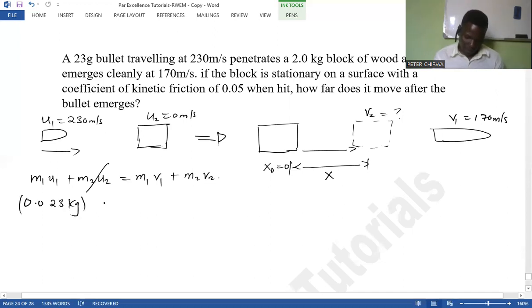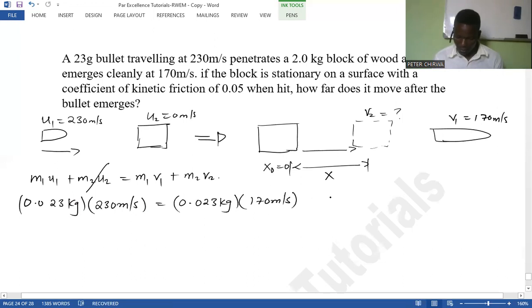We multiply that by the speed, which is 230 meters per second, equal to 0.023 kilograms times the final speed of the bullet, which is 170 meters per second, plus the mass of the block, which is 2 kilograms, times the final velocity of the block.